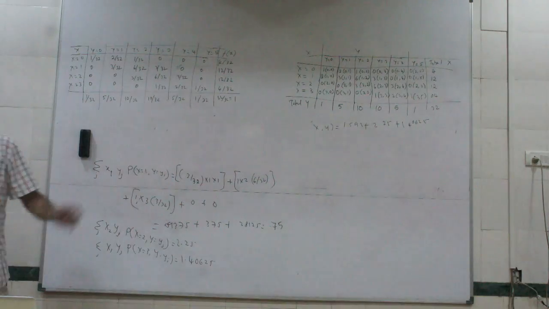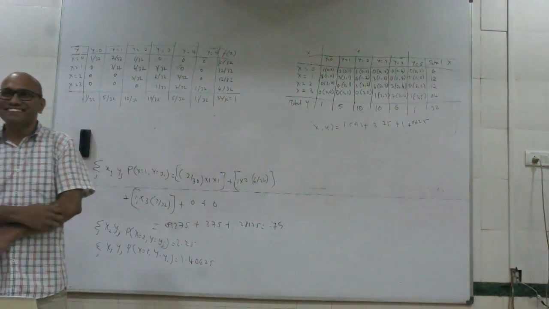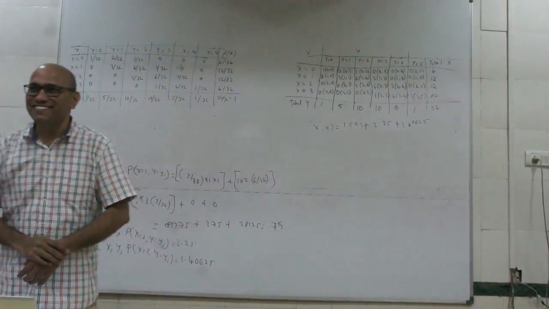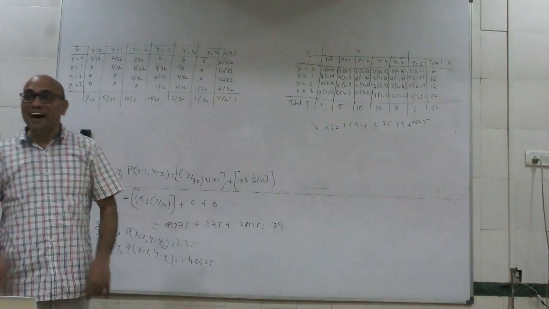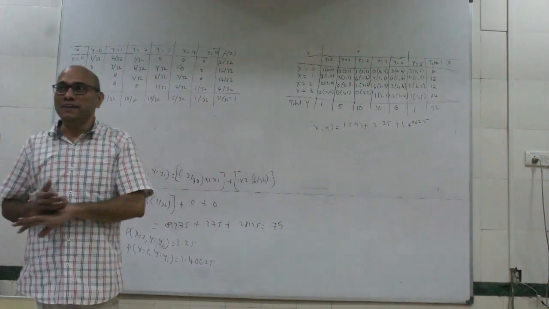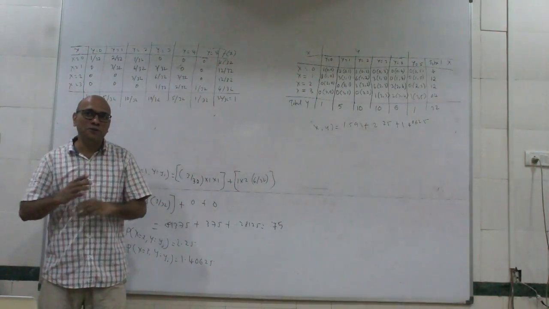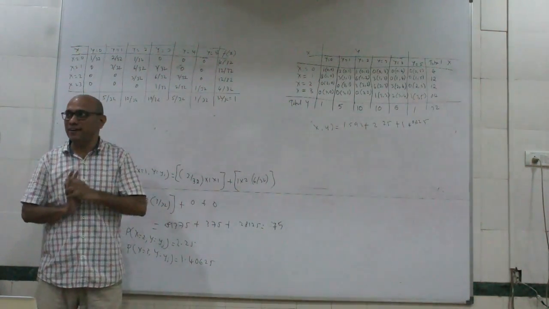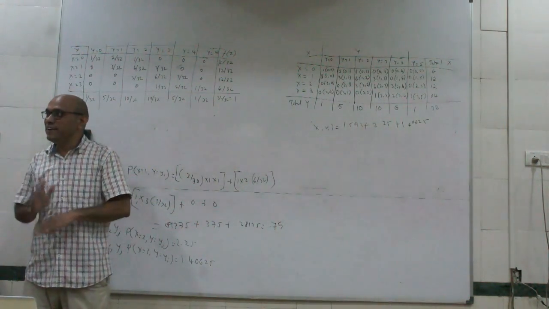Marginal simply means that the things are written in the margin. And then the inner circle is joint probability. These are joint. Now we are looking at conditional probability. We'll finish conditional probability and then take a break.